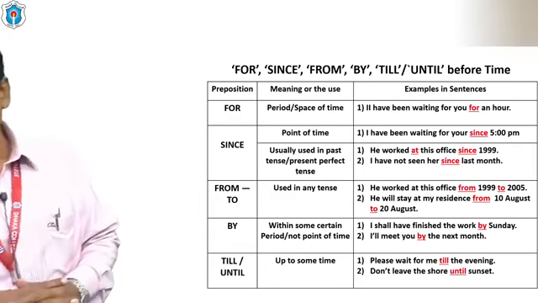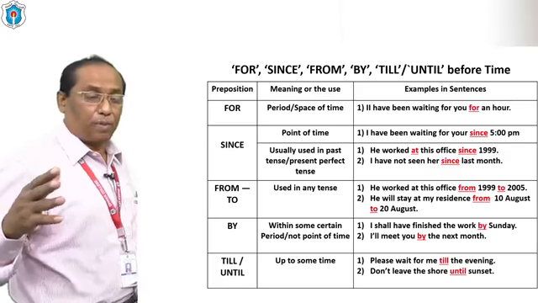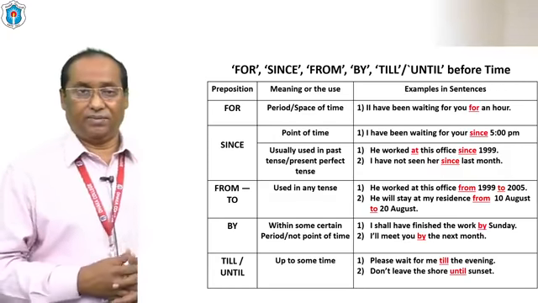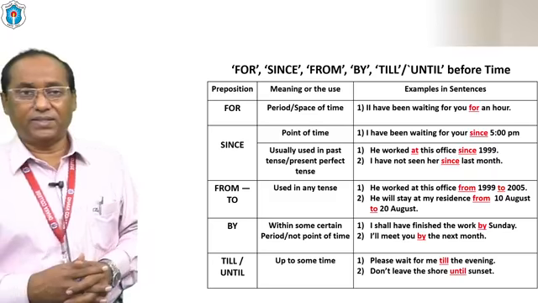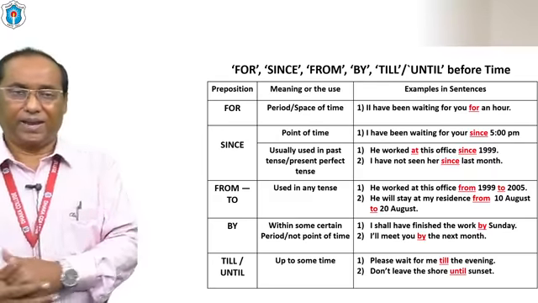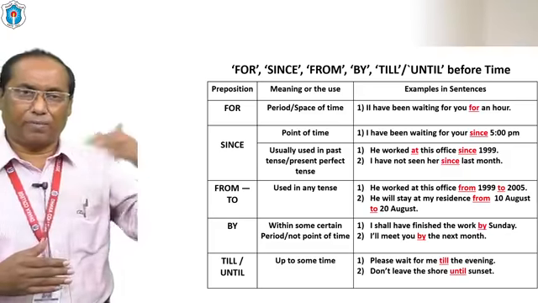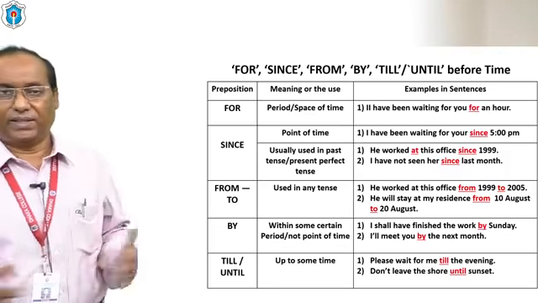My dear students, there is another use of preposition, that is till and until. Till means up to some time. The difference between till and until is just affirmative and negative, nothing else.